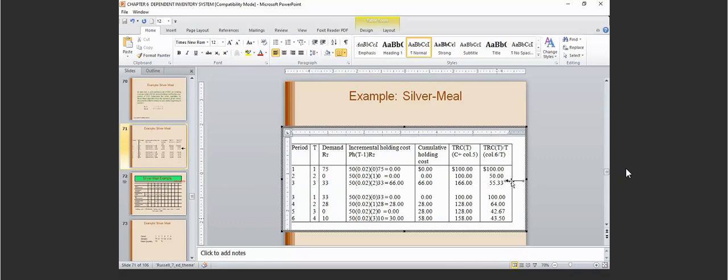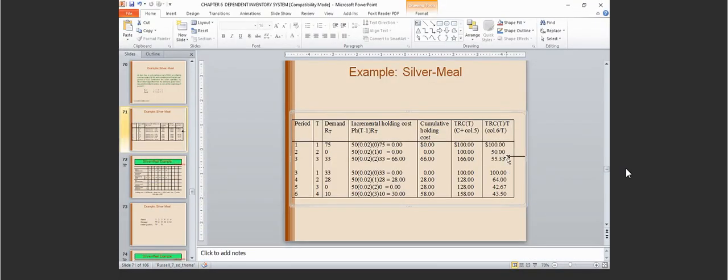Maksudnya apabila berlaku peningkatan kos di sini, kita perlu hentikan analisis kita untuk menambah lagi bilangan period gross requirement.